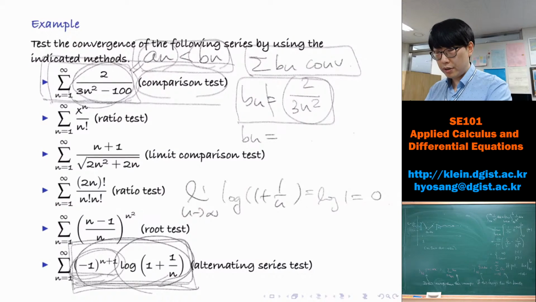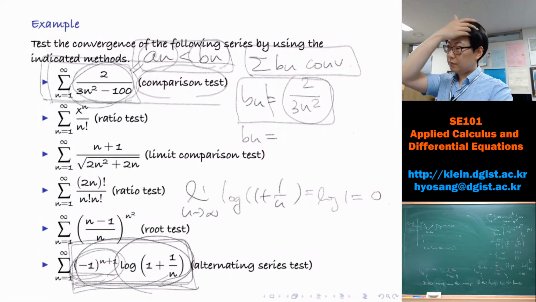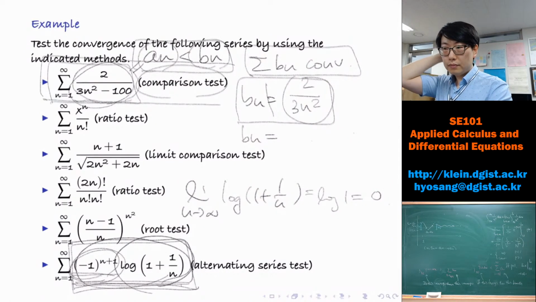So what other options do you have? What kind of Bn do you want to use? Just make it smaller. How do you make it smaller?